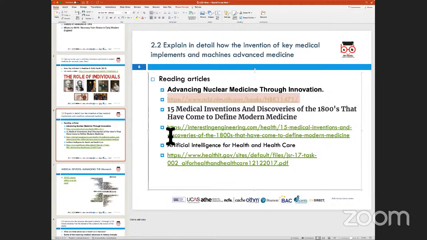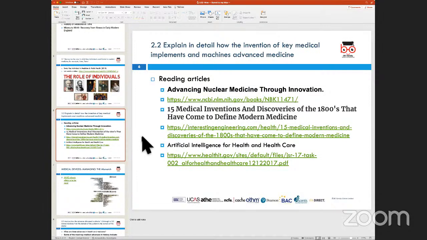When we look at Marie Curie's work in terms of nuclear medicine, for example, chemotherapy, which is done primarily to treat cancer, that is very recent work, and obviously related to nuclear medicine. Some of the medical inventions in the 1800s, which led to the starting of the medical equipment now used in the field of medicine, is another article which has been put here.